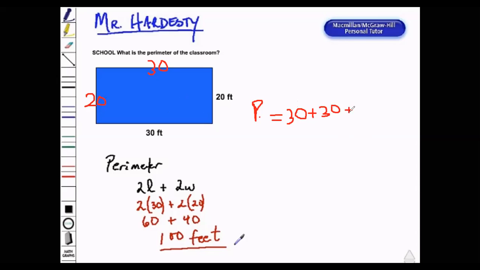I have 20 this side, 20 the other side, 20 plus 20. So the perimeter will be 30 plus 30 equals 60, and 20 plus 20 equals 40, 60 plus 40 equals 100. The same result or the same answer. Feet, the unit of the length.